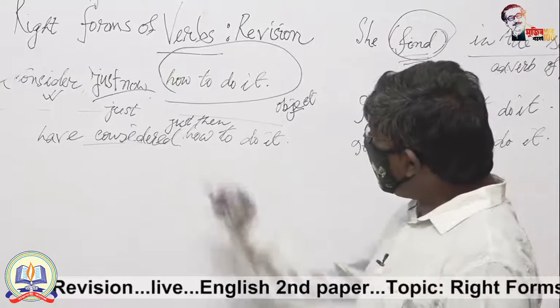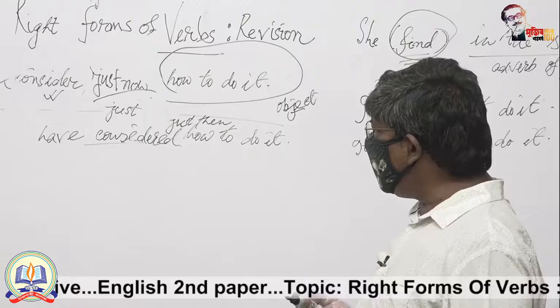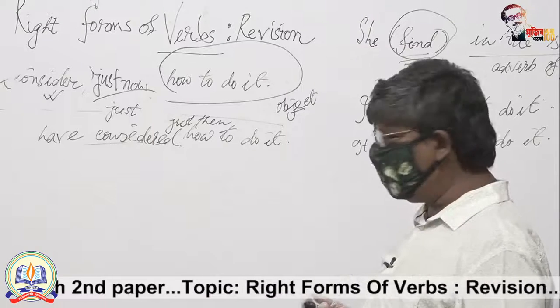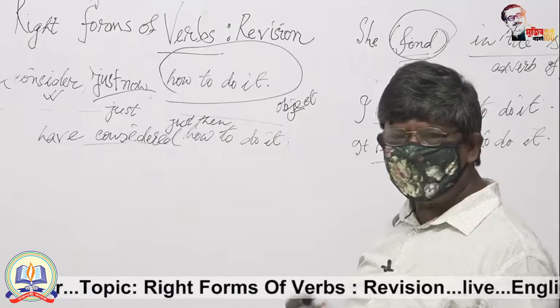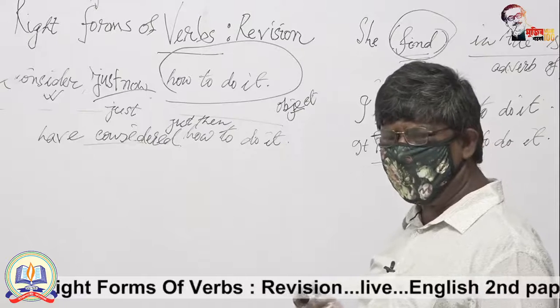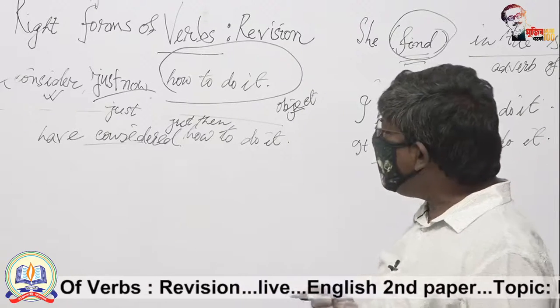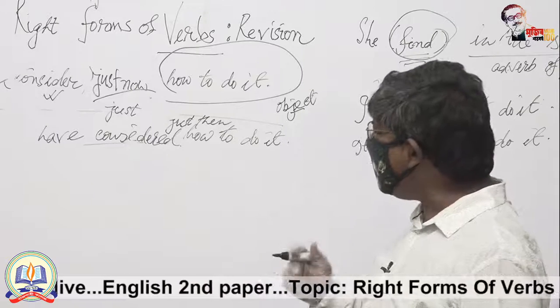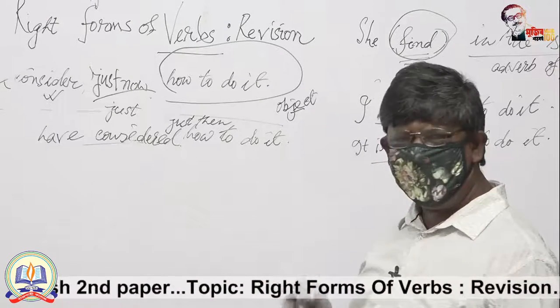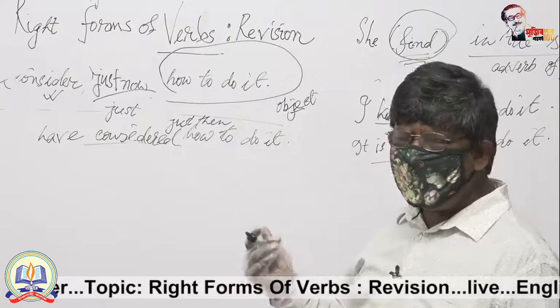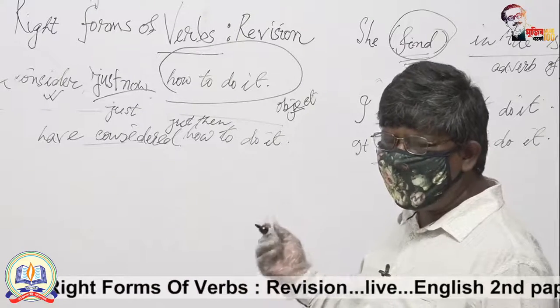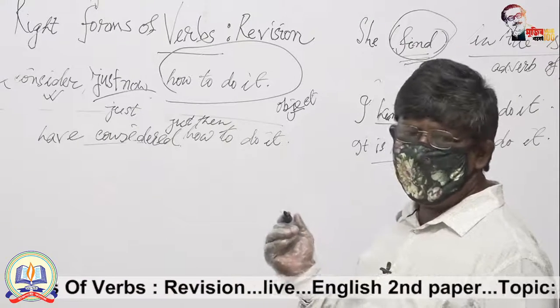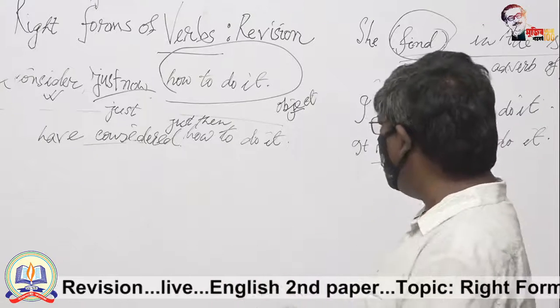Therefore, the presence of just or just now in the clause determines its finite verb being in the present perfect form. Similarly, the presence of just then determines its finite verb being expressed in the past perfect form.